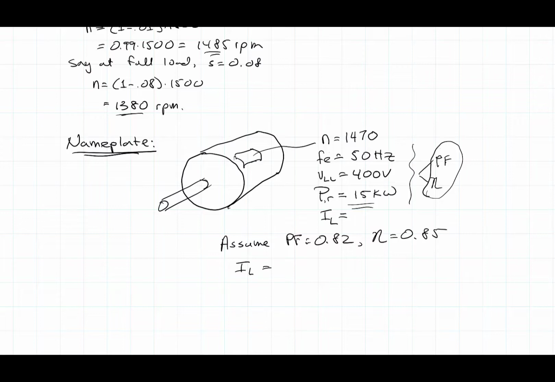The line current is going to be equal to the rated power, this is the rated line current, divided by square root of 3, divided by the line-to-line voltage.